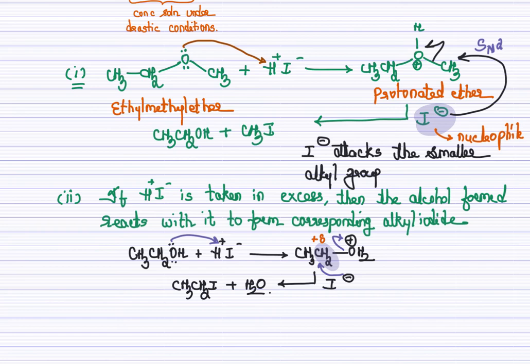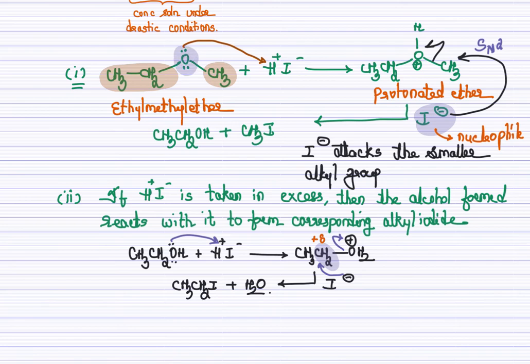So if you use your halogen acid in excess, then both the alkyl terminals here, they both get converted into corresponding alkyl halides, and this oxygen gets converted into water.